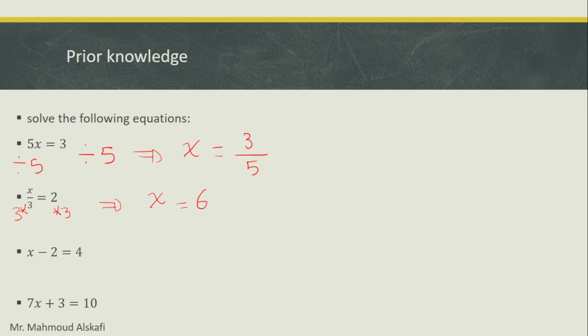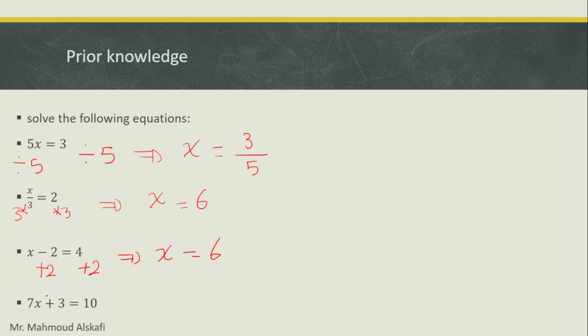Now here the coefficient of x is 1, but x is minus 2. In this case, we add 2 to both sides, and this implies x equals 6.